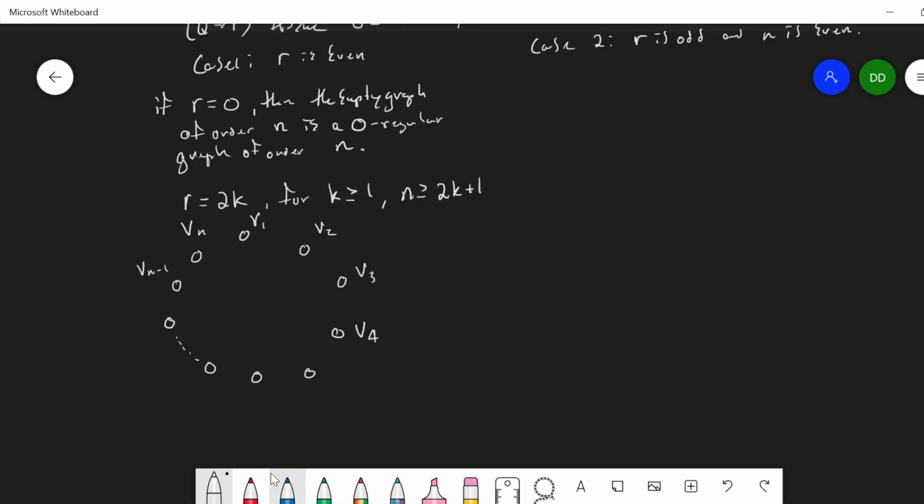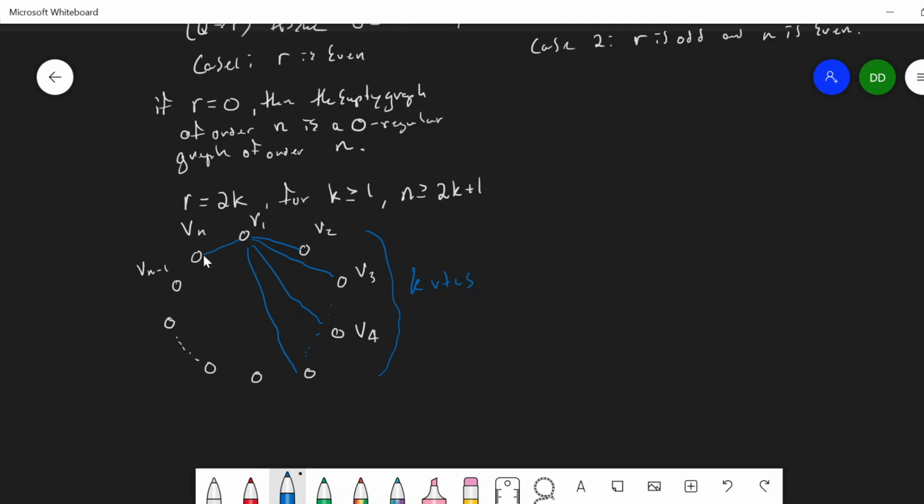So what this means is I'll take, say, v1, and I'll make it adjacent to v2, v3, and so on, v4, however many I need, so that this is exactly k vertices. Maybe I'll show it adjacent to this one as well, and all k vertices preceding that one.